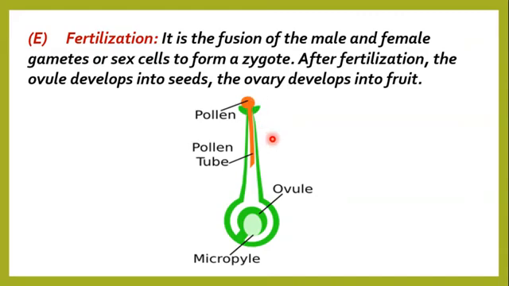So in this diagram, we have a pollen grain from the anther of a flower, and this pollen grain contains male sex cells. Now, what happens here is the pollen grain absorbs water or moisture from the style of the female reproductive part called the pistil. This is the style of the pistil. So as the pollen grain absorbs water, it swells and bursts open to form what we call a pollen tube.